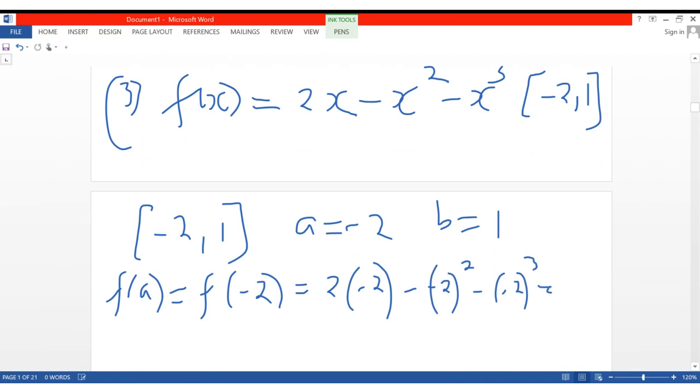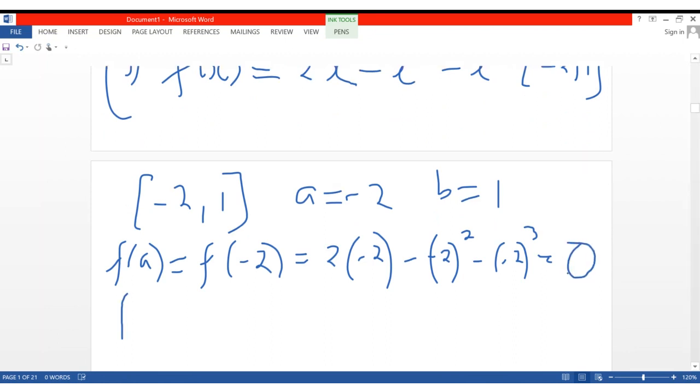Let's put all this in the calculator. The first one I'm getting as 0. Then we do our f of b, and our b is 1.